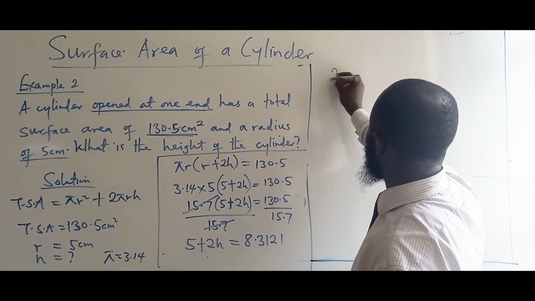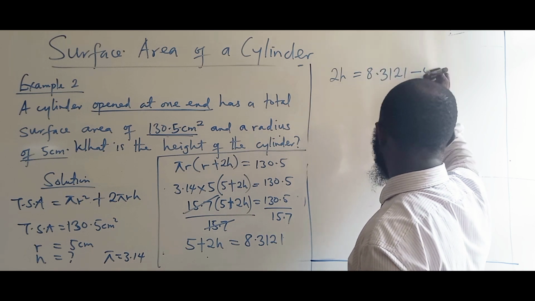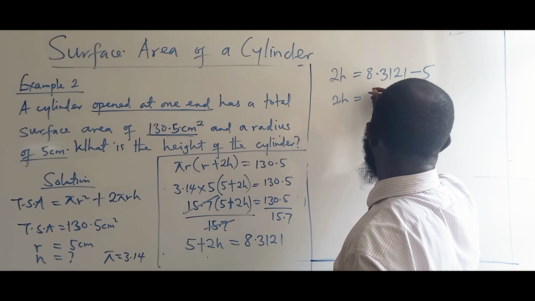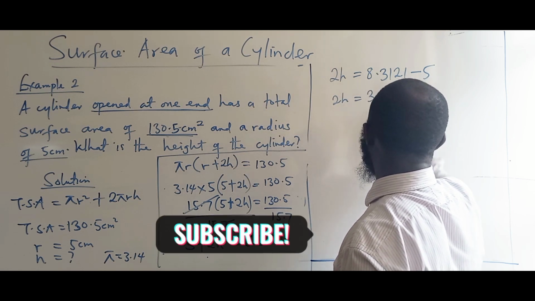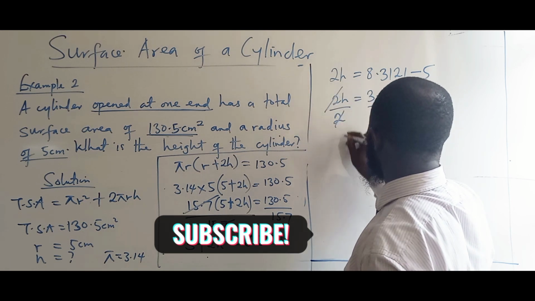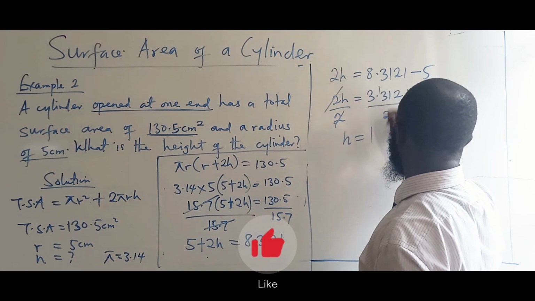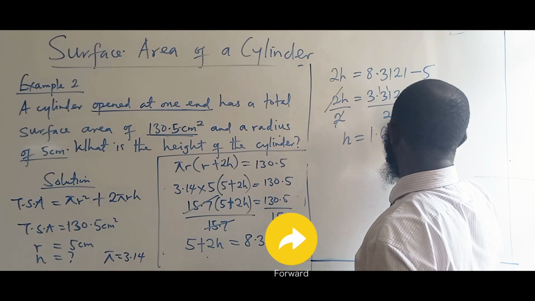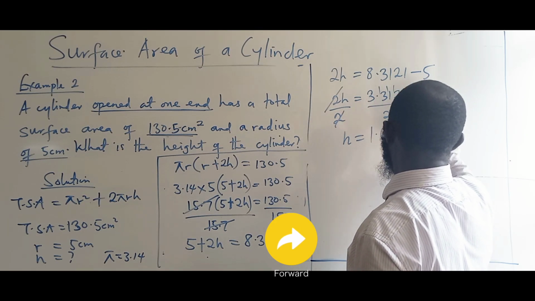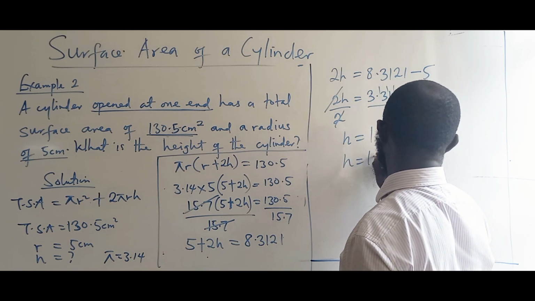So we have 2h equals 8.3121 minus 5, which gives 2h equals 3.3121. Next, divide both sides by 2. 2 cancels 2, and it remains h, the height. Dividing 3.3121 by 2, we get 1.7.